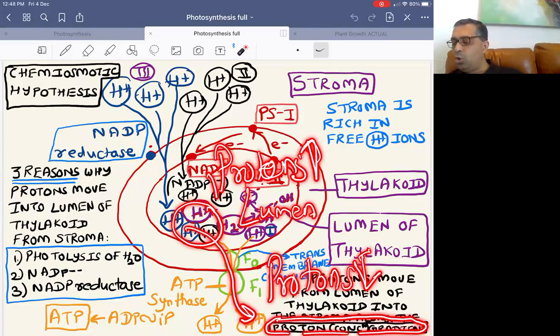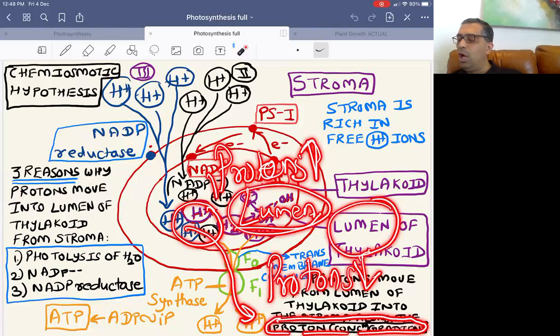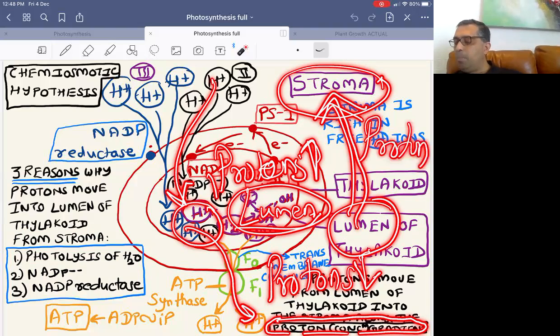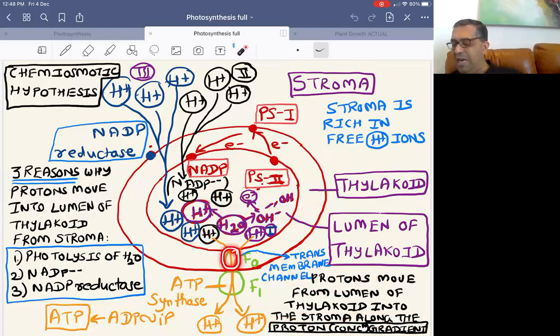And as protons go from the lumen back into the stroma, they had gone from the stroma into the lumen, and they have gone from the lumen back into the stroma along the proton gradient. While passing through, they pass through F0, F1.